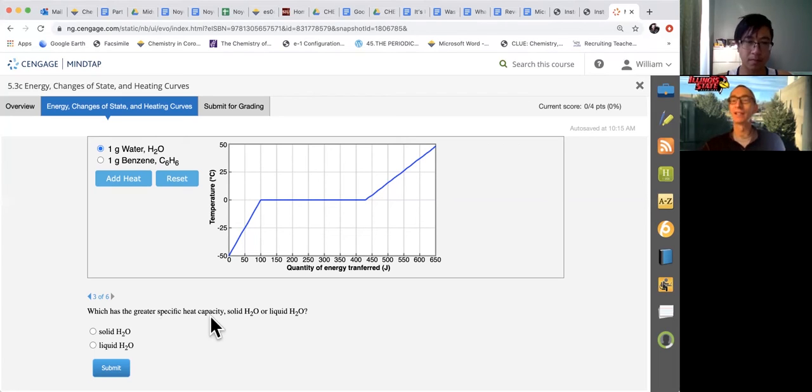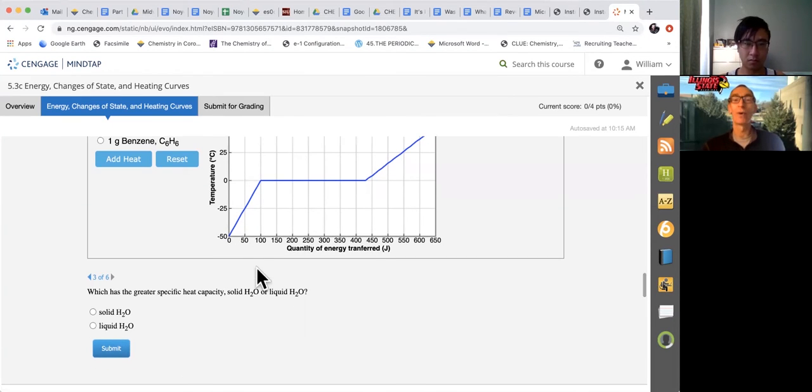But it basically says the more heat a substance can absorb, the greater its heat capacity is. And here we see that water can absorb it so well that it takes 220 or 230 joules of energy to get it to go up by 50 degrees. Solid water doesn't have quite such a good heat capacity, so it only takes 100 joules to make it go up by that same number of degrees.